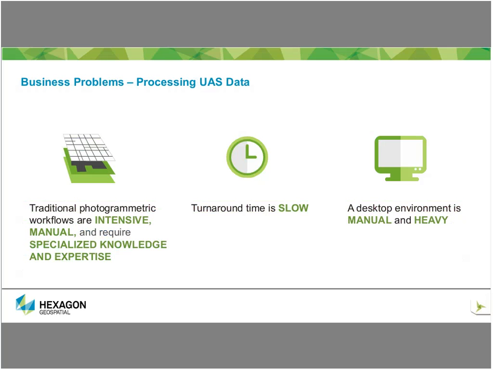The problem, though, although the data collection itself has become easier and easier, is that the data processing can still be complex. Traditional photogrammetric workflows typically require fairly specialized knowledge, fairly specialized software. They can be manual intensive, and the turnaround time can often be slow. Once the data has been processed, it can also be difficult to distribute, to make your content and results available to your end user.